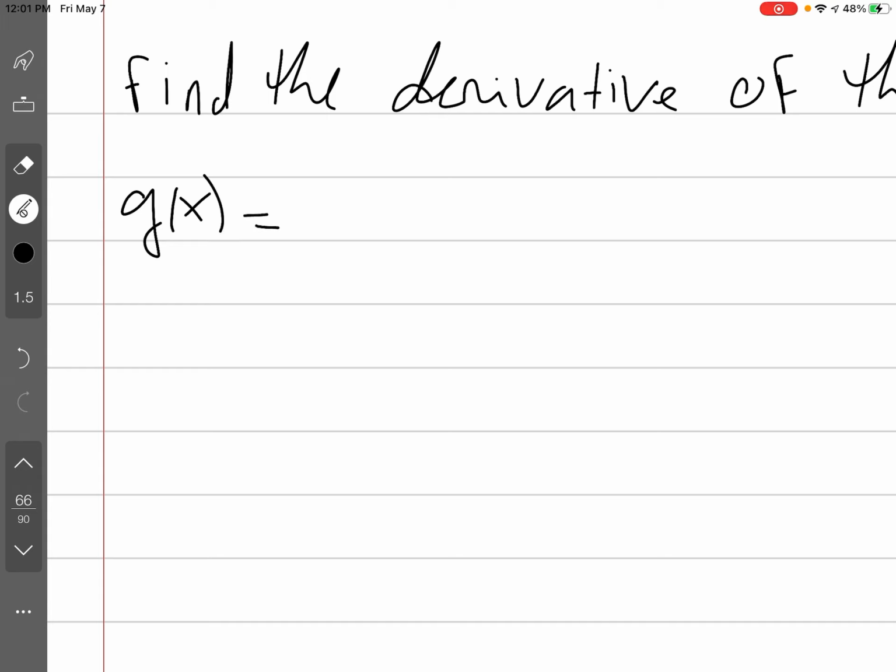So this is the function g of x, open parenthesis, x squared plus 3x minus 3, and then e to the x.